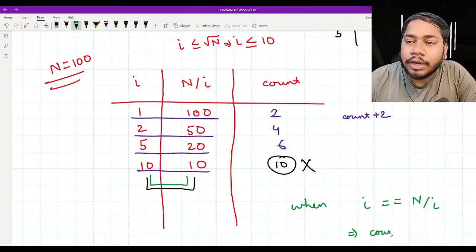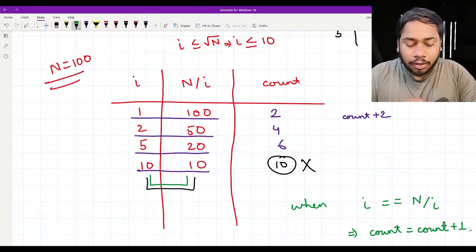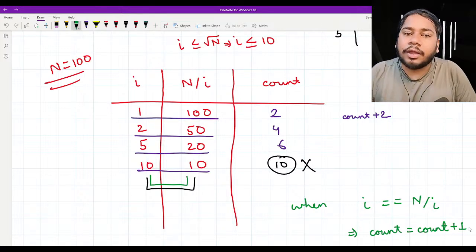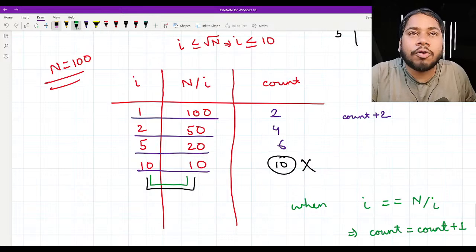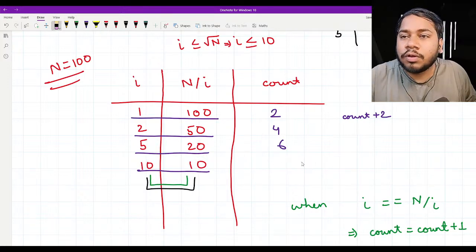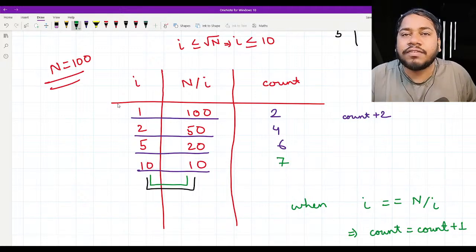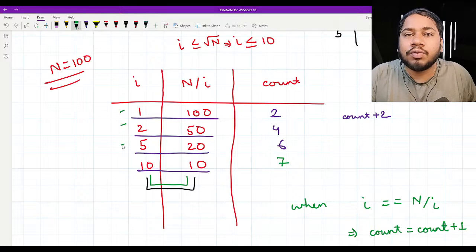We have to increment the count by count plus 1. Okay, understood. So if we increment the count by 1, the count will be 7. And you can see that it is 1, 2, 3, 4, 5, 6, 7 factors.